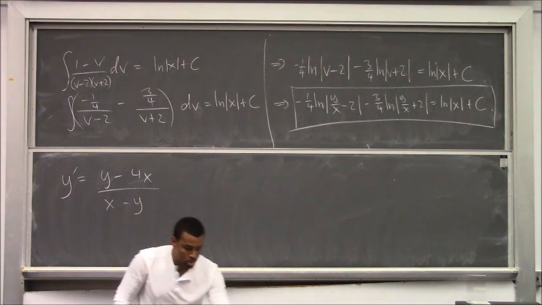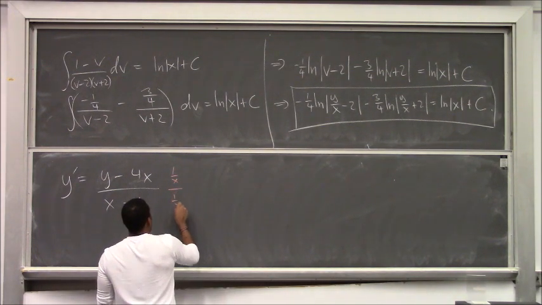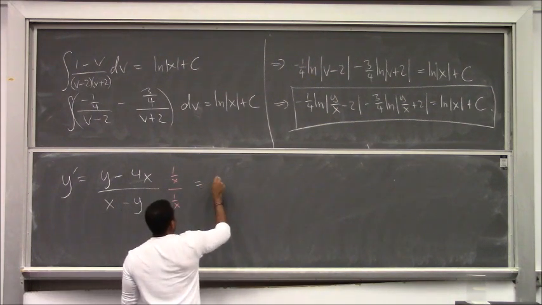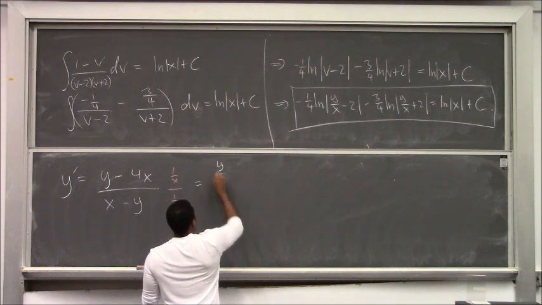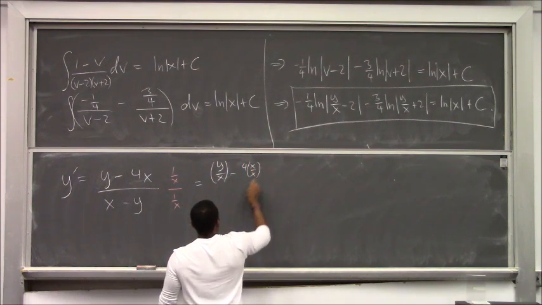And I want you to notice what happened when we multiplied by the 1 over x. Notice that what that actually did was it divides all the terms by x's.